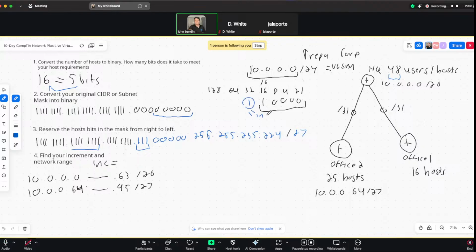That's my increment. So my increment equals 32. So my new subnet for Office 1 is .96 plus 32, that is .127/27. And that's how I do subnetting.